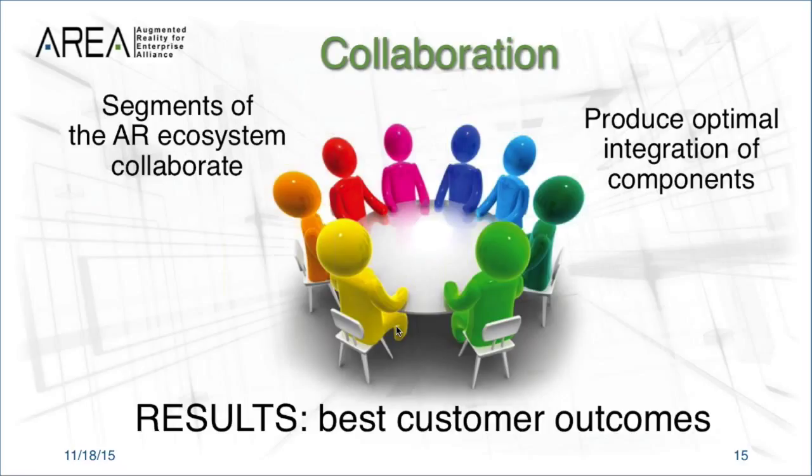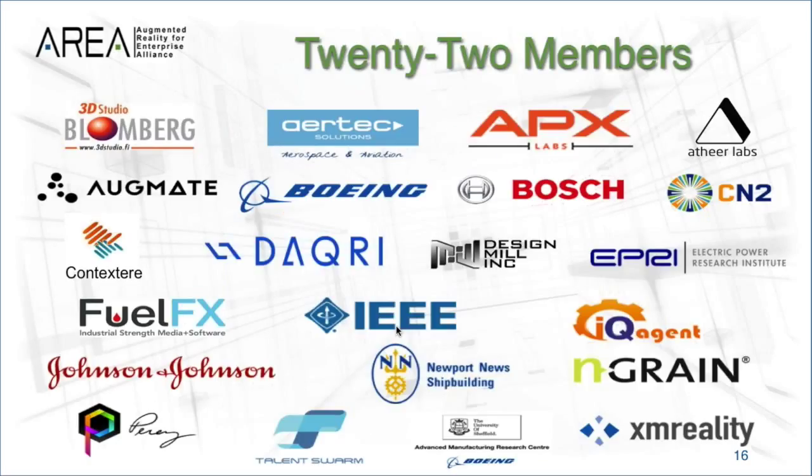And we're collaborating. We've provided through this organization a platform for collaboration that permits a better integration of the components and services, a better understanding of what's needed, and then being able to address that to provide the best customer outcomes.